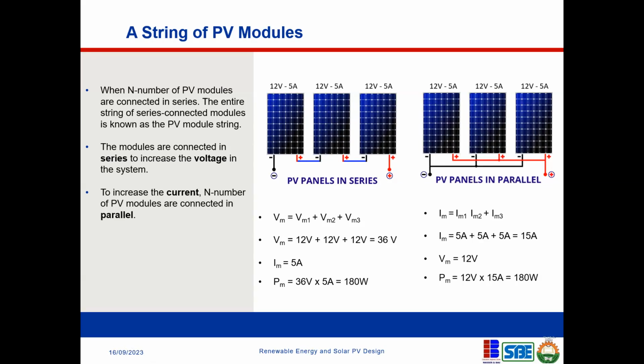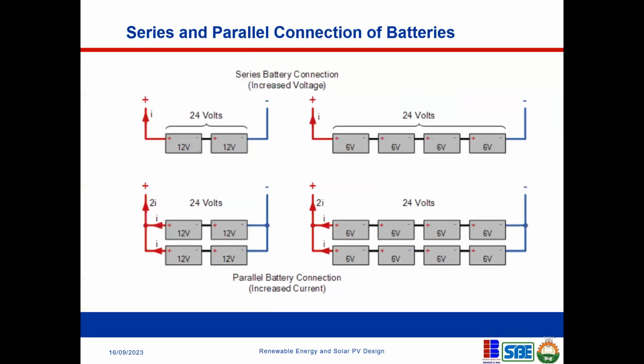And this also is applicable to battery systems. The same way you connect this PV system is the same way batteries are also connected in series and parallel. And the same thing applies if you're increasing the voltage or the current. So this is for battery. Now this is a 12-volt battery. I talked about how you connect two 12-volt batteries to get 24 volts.